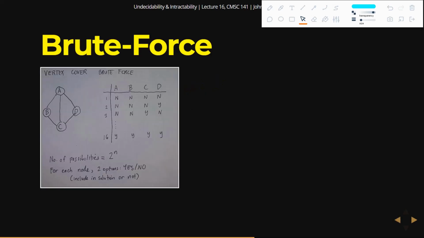If we tried to brute force this, let's say that this is our given network. You have 4 towns or 4 centers, and you can either install or not in each center.